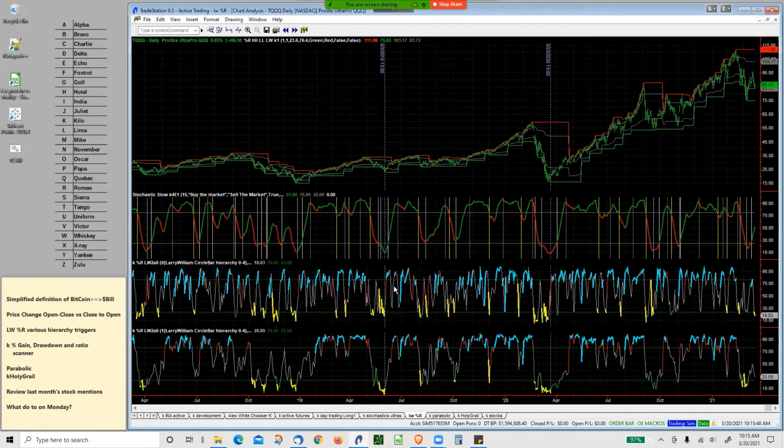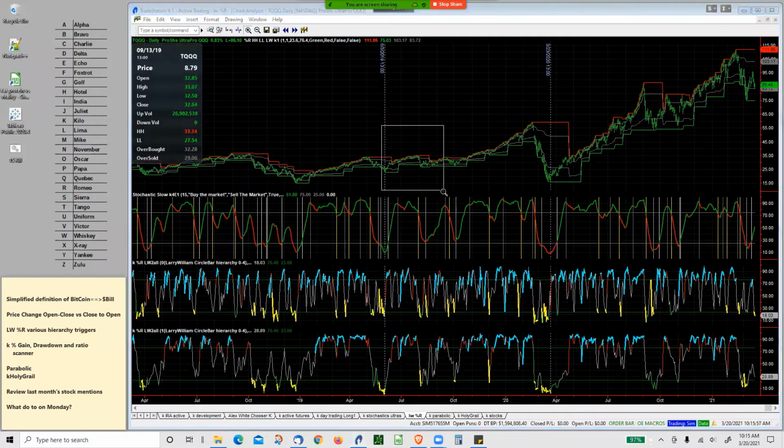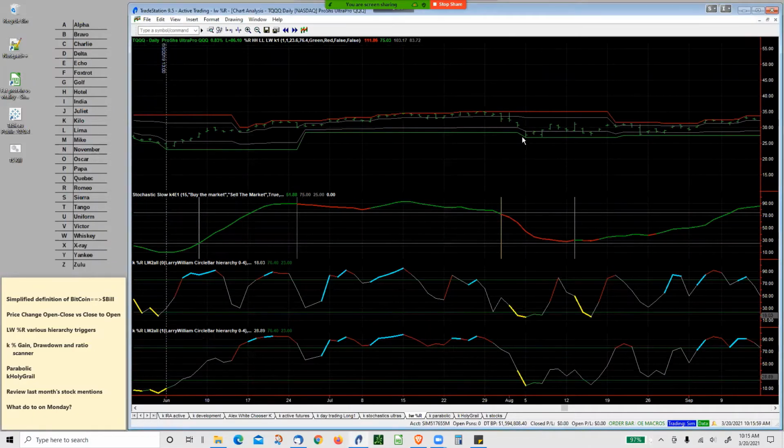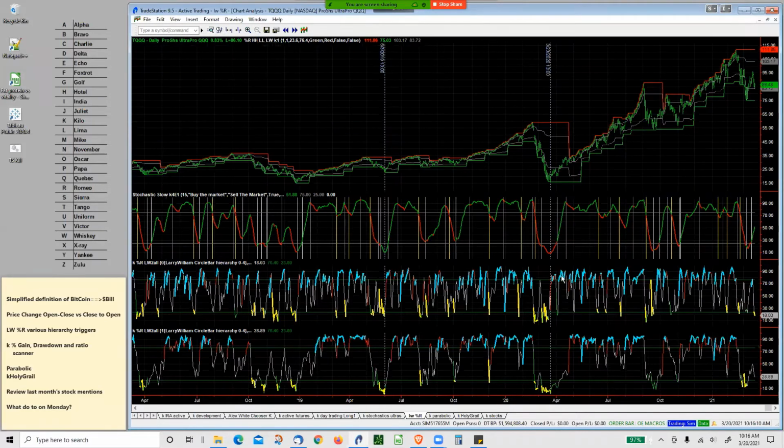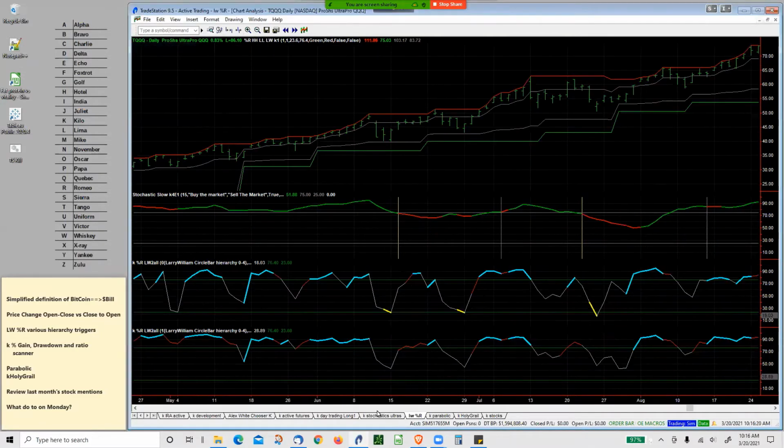So you see a lot of these ups and downs, these squiggles, right? So when you get a small pullback, like right here, this is a small pullback, you could actually use this as another entry here. Say you're in a trend and you want to get into a position.